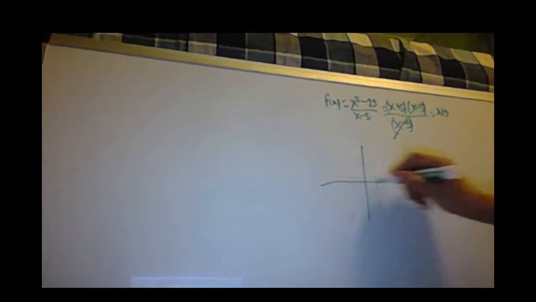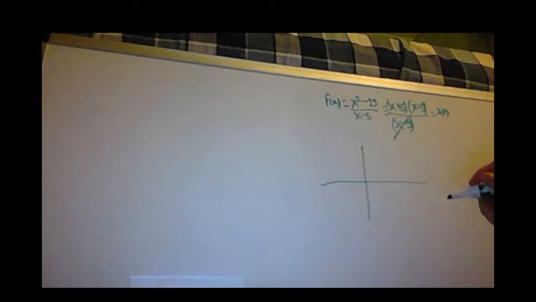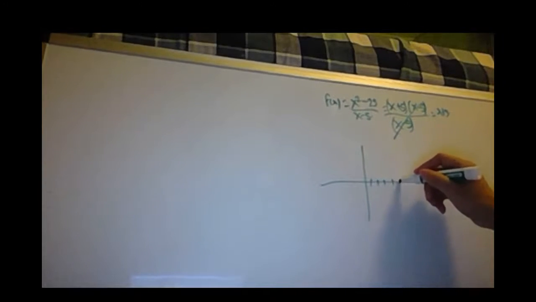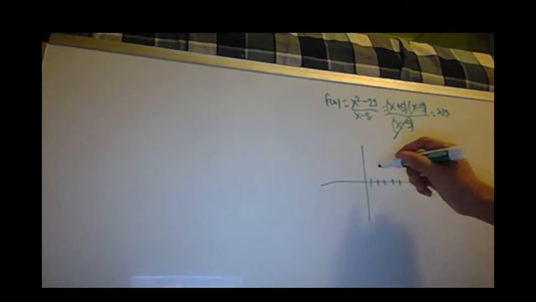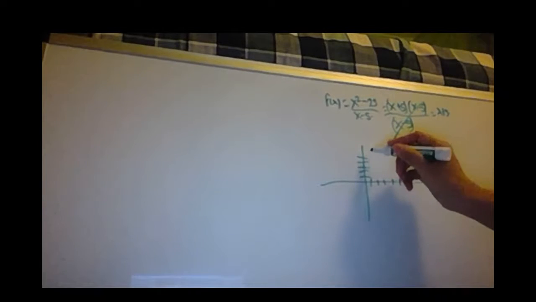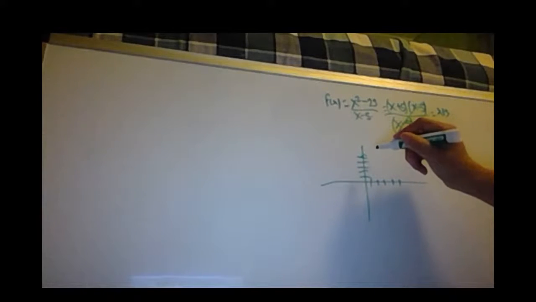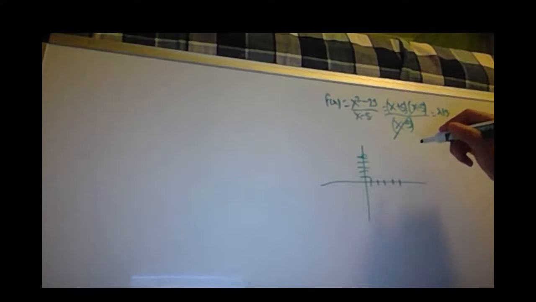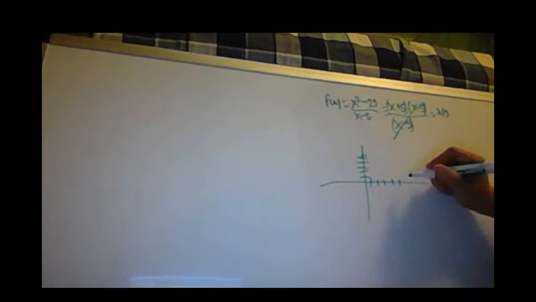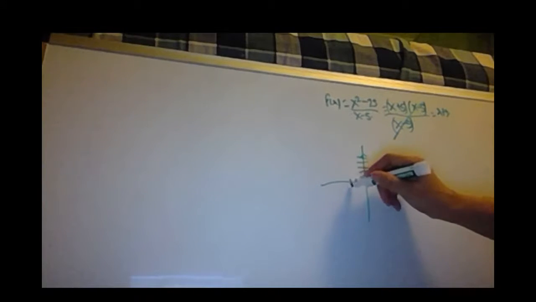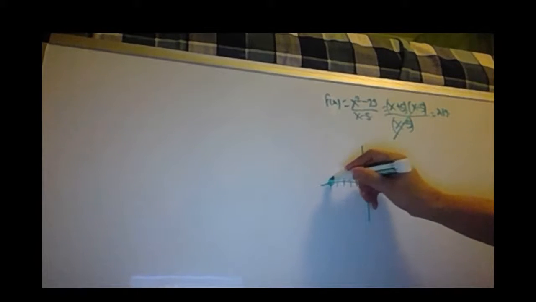Well, if we graph this function, being that x minus 5 is canceled out, we're going to have a line, just like when we graphed linear equations. It would actually be right here. There would be an open dot there.